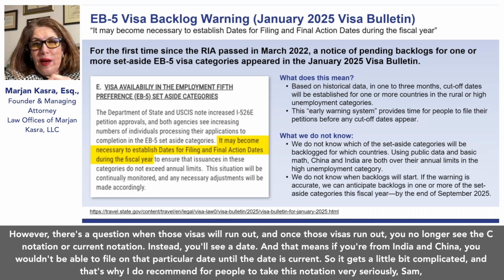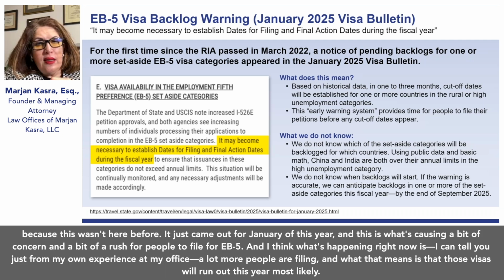So it gets a little bit complicated, and that's why I do recommend for people to take this notation very seriously, Sam, because this wasn't here before. It just came out for January of this year, and this is what's causing a bit of concern and a bit of a rush for people to file for EB-5. I can tell you just from my own experience at my office, a lot more people are filing. And what that means is that those visas will run out this year, most likely.